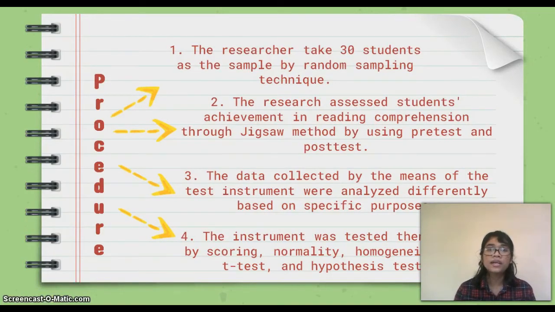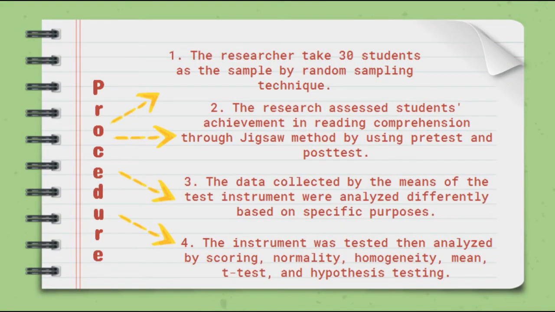Now I will explain the procedure of this research. The first step is the researcher took 30 students as the sample by random sampling technique. It will be the instrument that will be researched. The second step is the researcher measures students' achievement in reading comprehension through the use of the jigsaw method.